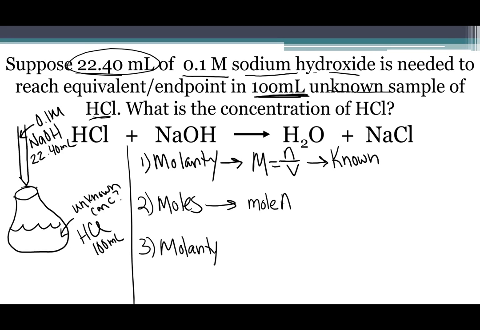So we're going to go from moles of A to moles of B. And this is where we're going to go from known to unknown. So moles of A will be whatever we know the molarity of. Moles of B will be whatever we're trying to solve for. And so that's how we'll get from one unit to the other.